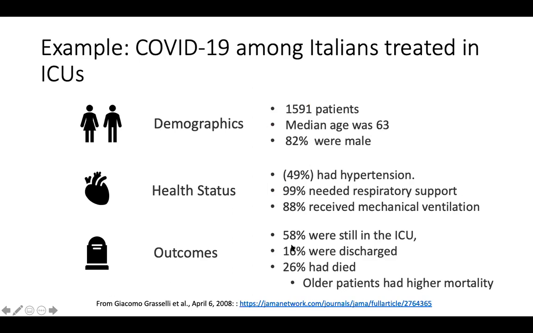What we would want to know is how does this compare perhaps to other people who were in the ICU, or how does this compare to people who did not enter the ICU? So it's informative, but it really hinders our ability to glean some insights into the relationship between exposure and disease.